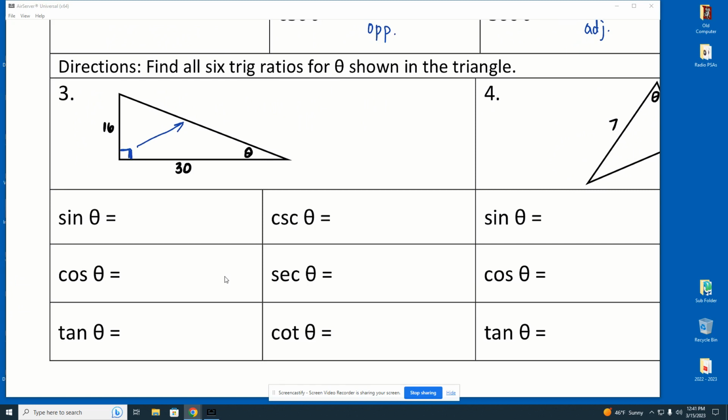We don't know a hypotenuse. So I'm going to set up my problem: 16 squared plus 30 squared equals my hypotenuse squared. You can call it whatever variable you want. If you want to call it C, call it C. If you want to call it X, call it X. Doesn't matter, you still solve the same way. What's 16 squared plus 30 squared in your calculator?